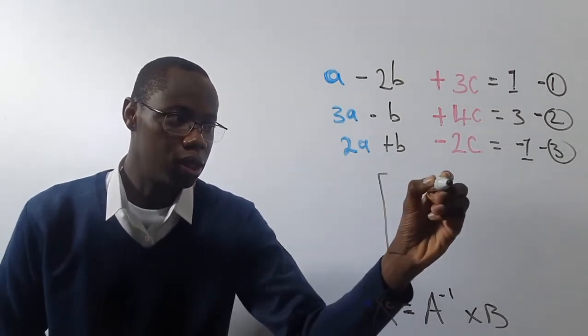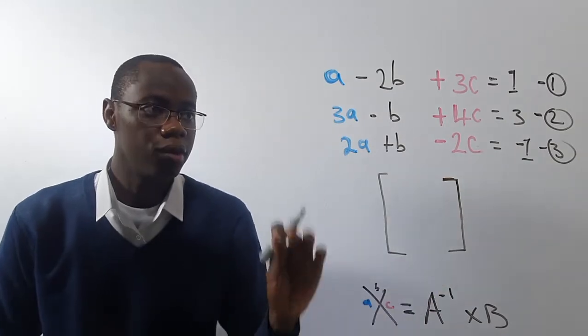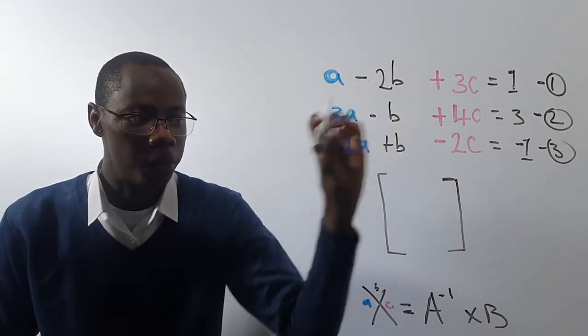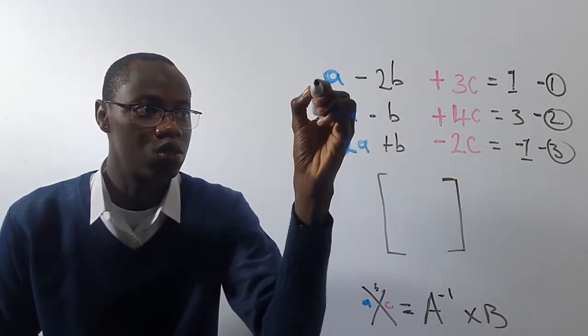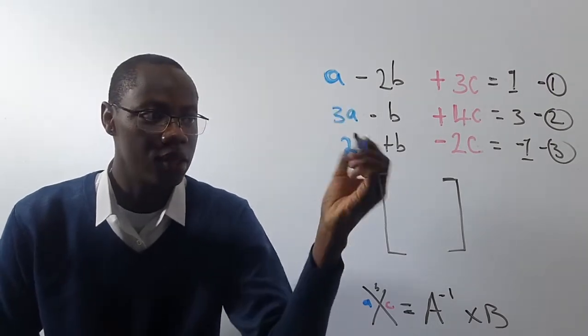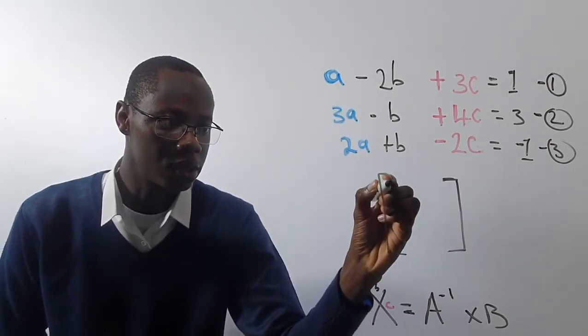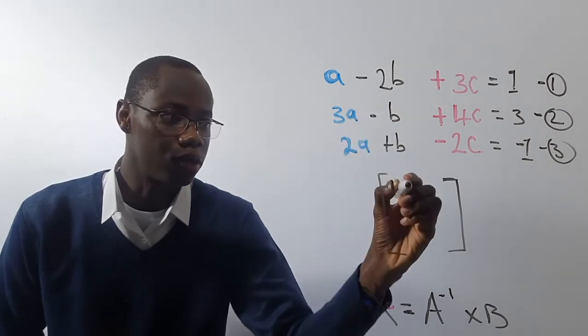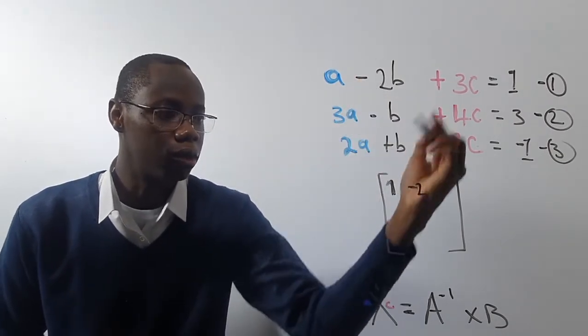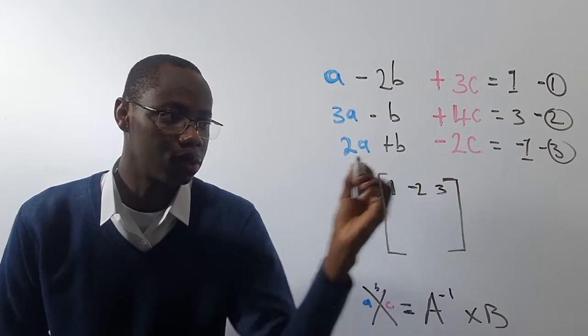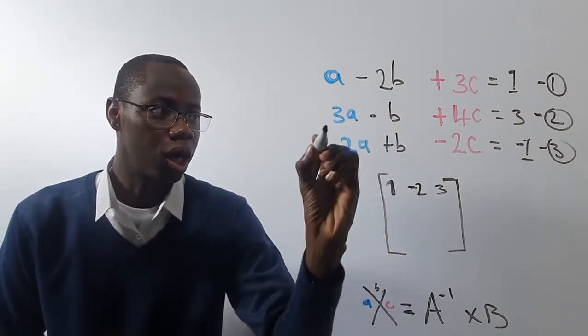So now this is my matrix A. All you need to do is just copy and paste it here. See, this is 1, we have 1a, so we have 1, 1, minus 2 and plus 3. So that's going to be the first row, and then the next equation.